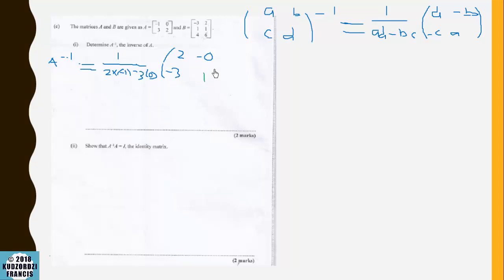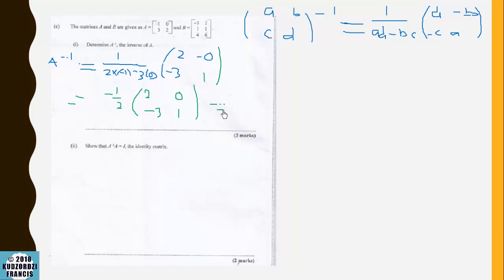One rather. Now we simplify this to obtain negative 1 over 2 times 2, 0, negative 3, 1.